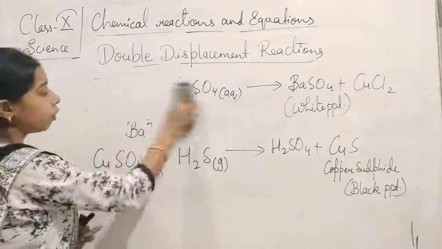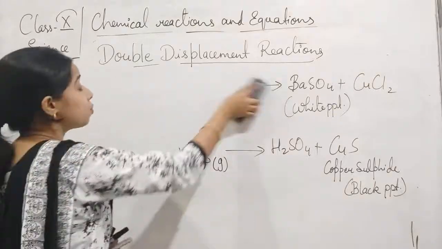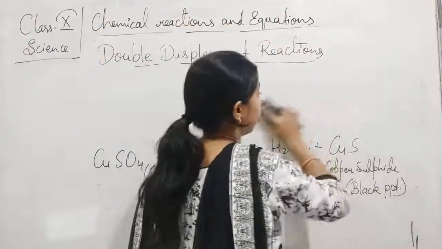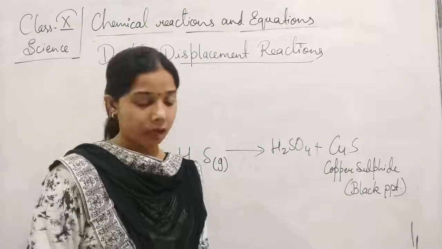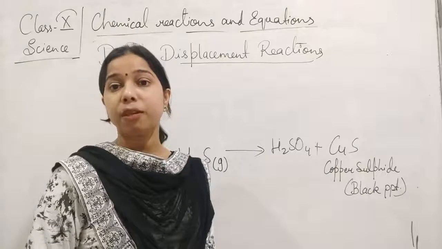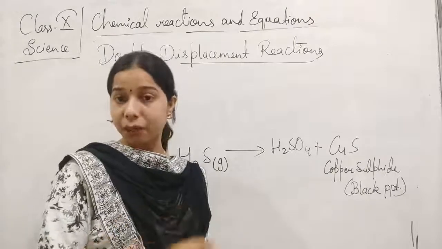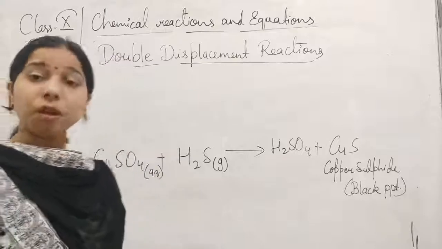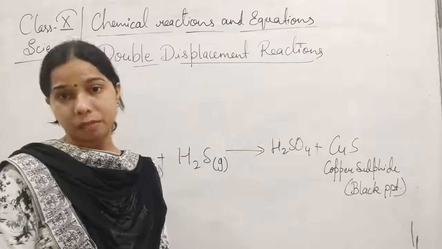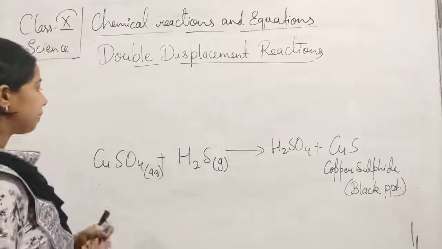We have seen one more example, students, in which we have taken the lead nitrate. And this lead nitrate, when it reacts with the potassium iodide, there is a formation of lead iodide, which is a yellow precipitate, and this also comes in a double displacement reaction. Let me write the reaction here.